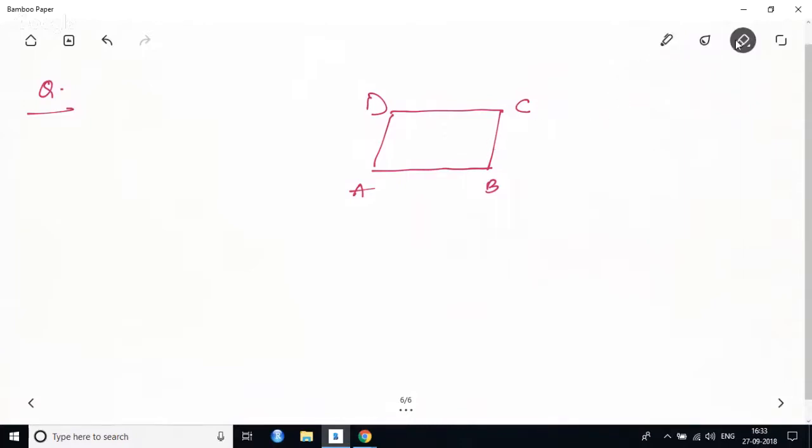Okay, now try to understand. Now suppose this is parallelogram ABCD. Oh, no, they are not saying this is a parallelogram. They are just saying this is a quadrilateral. So they are saying, in a quadrilateral.